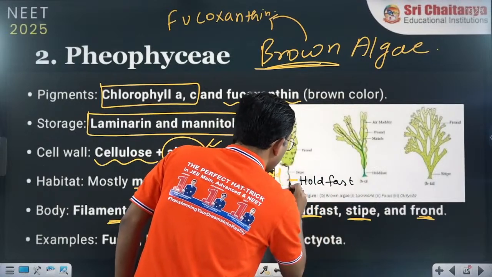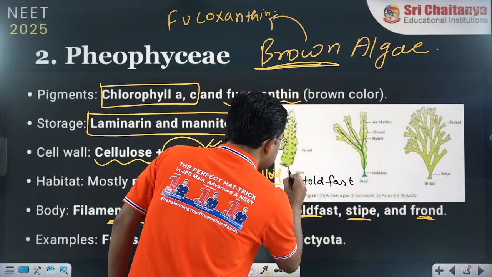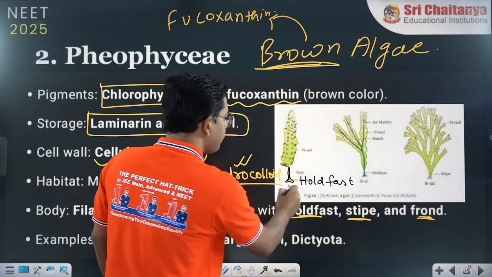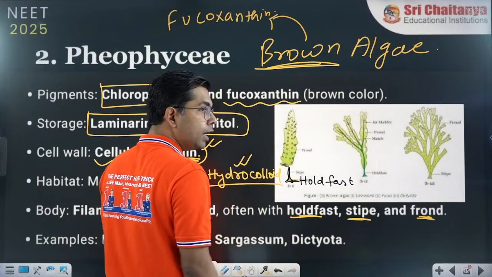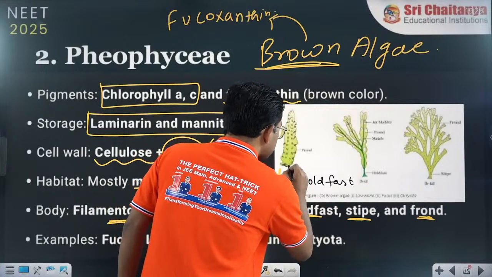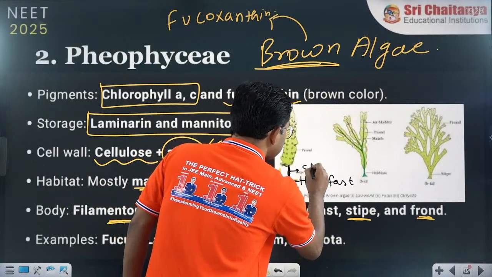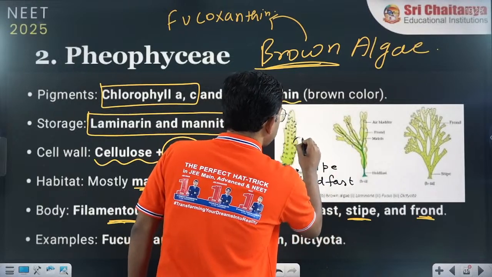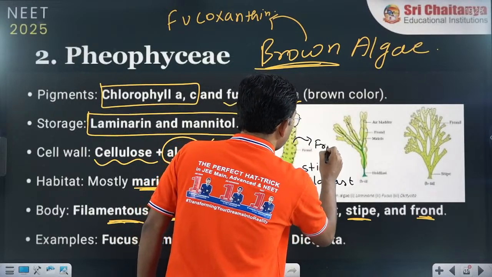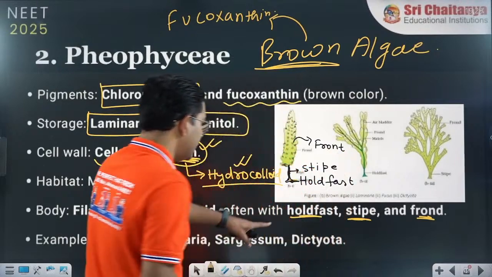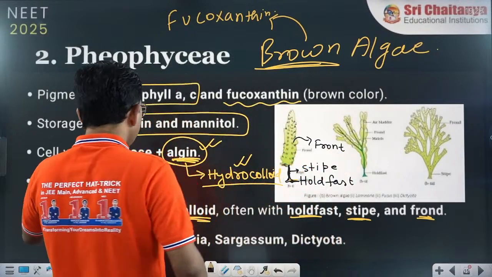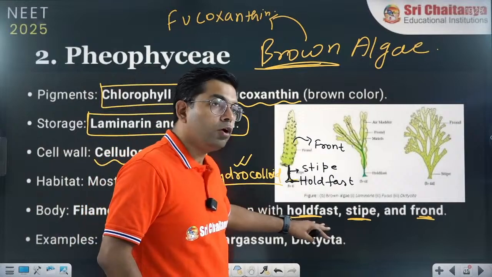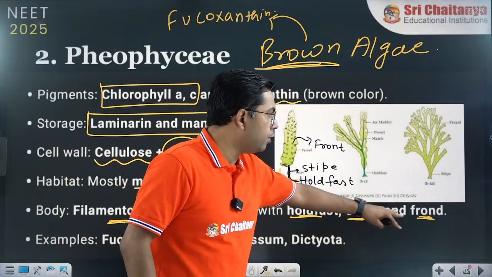Holdfast is the part through which it is attached onto the surface. Then this stalk-like structure is called stipe. And this leafy structure is called frond. So here, the body is divided into holdfast, stipe and frond.